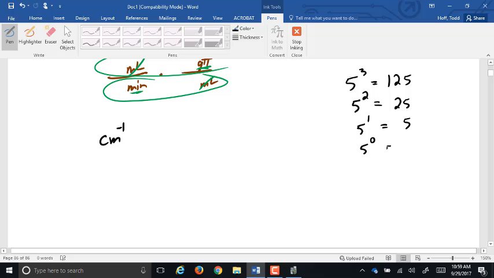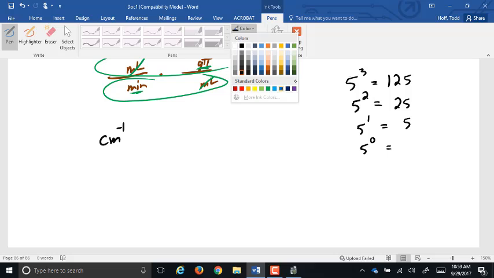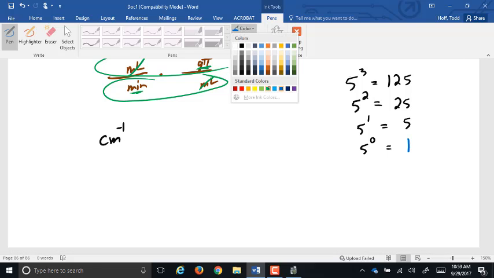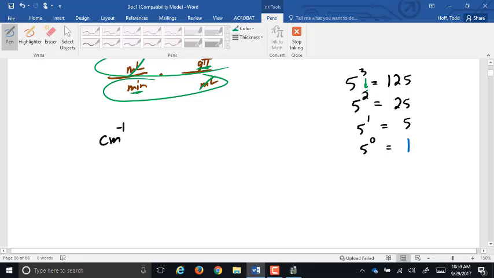What's 5 to the 0? Most people want to say 0, but it is 1. If we look at our pattern, every time that power reduces by 1, this result is divided by 5. Right? 125 divided by 5 is 25. 25 divided by 5 is 5. 5 divided by 5 would be 1.